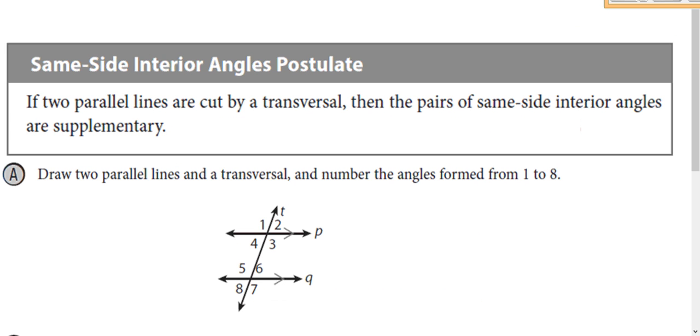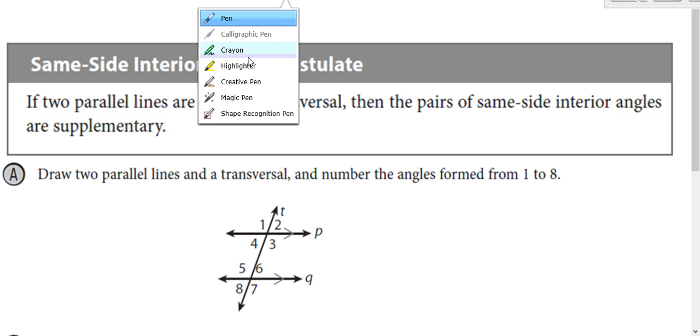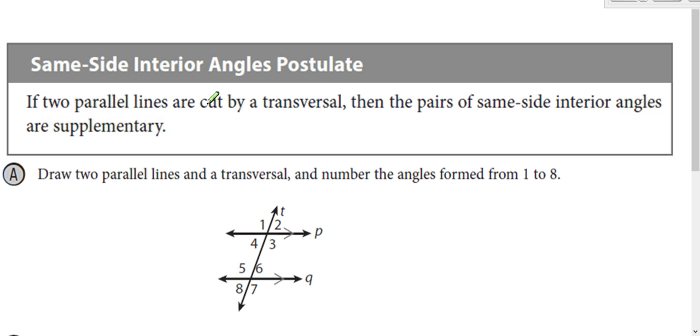So with all these angle pairs, there are some postulates which tell us what the angles are. So first, same side interior angles. If the lines are parallel, then the same side interior angles are supplementary.